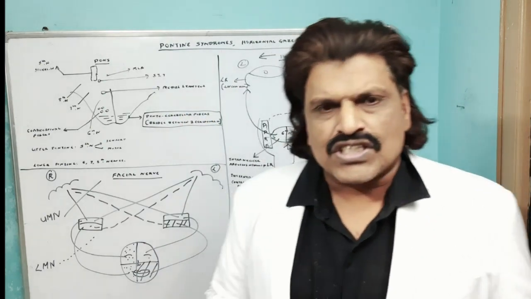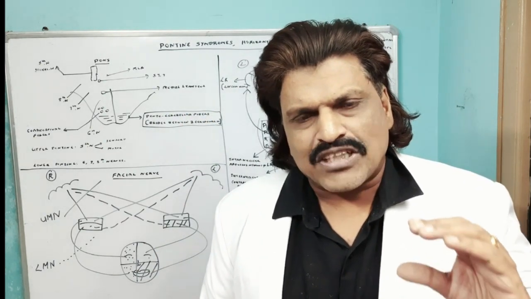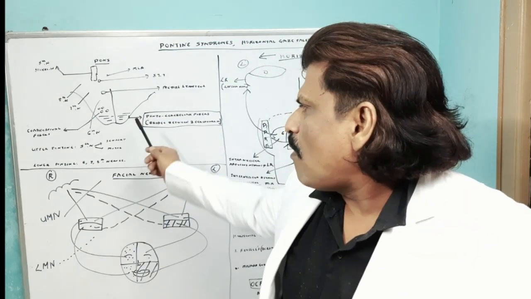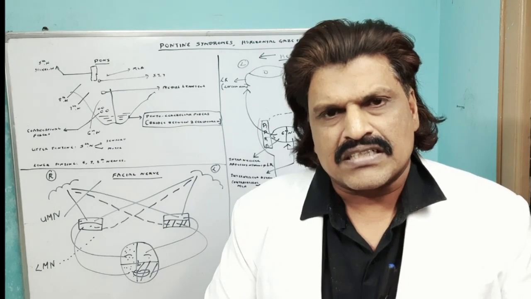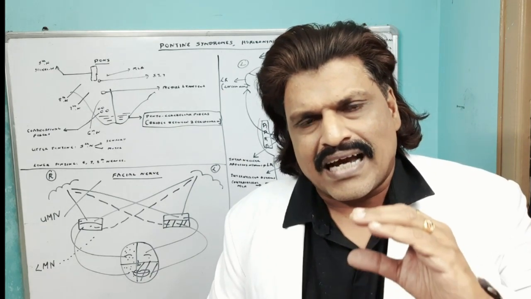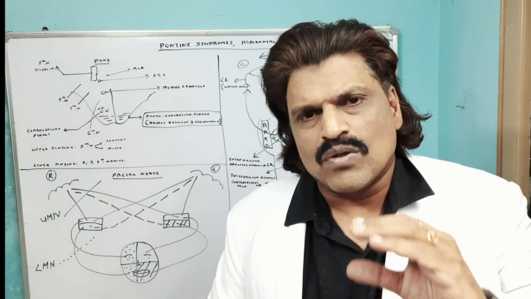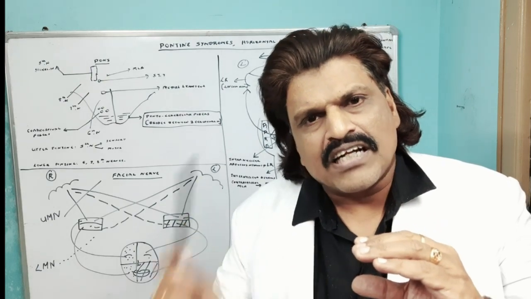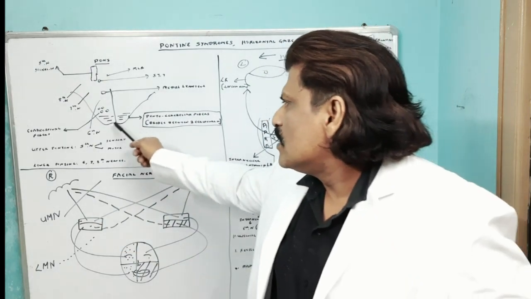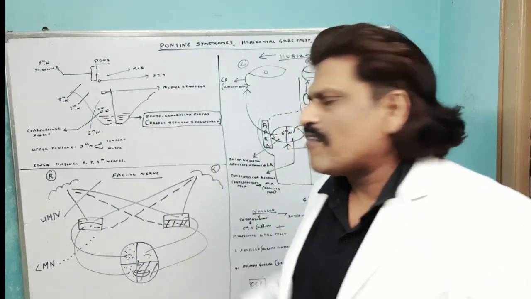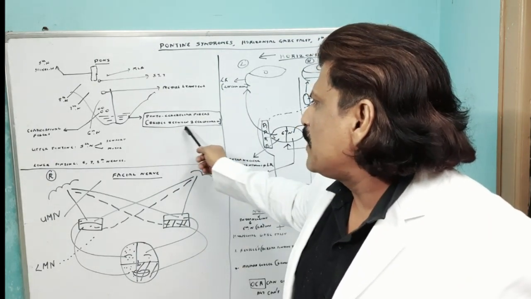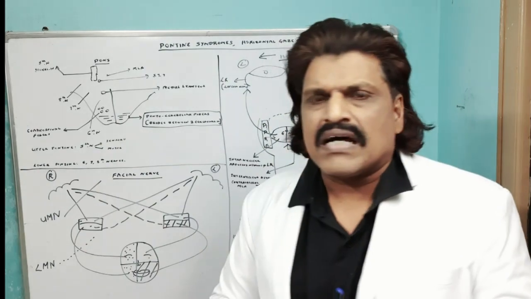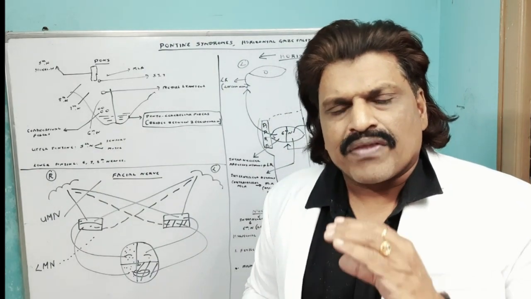What is Pons? Pons is actually a bridge between the two cerebellar hemispheres. So the pons is the connecting organ which looks like a bridge connecting the two cerebellar hemispheres. Basically, we have the pontocerebellar fibers which form a bridge between them.